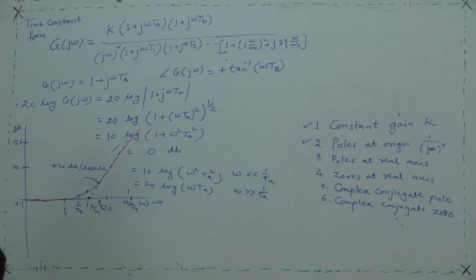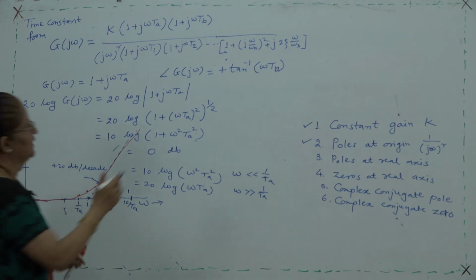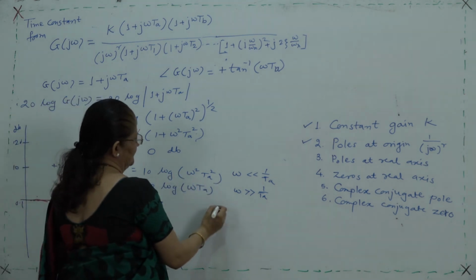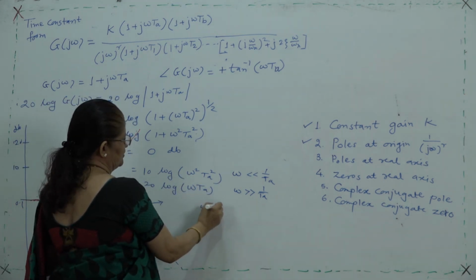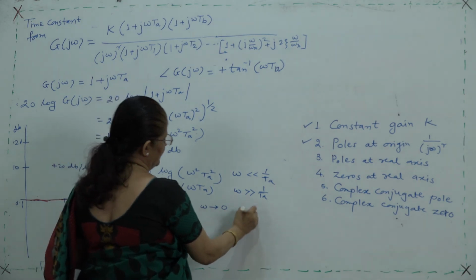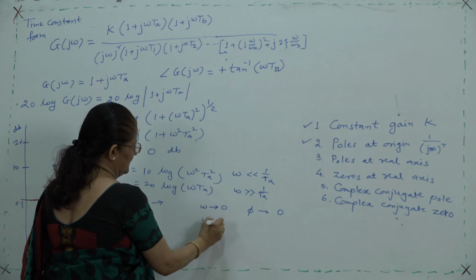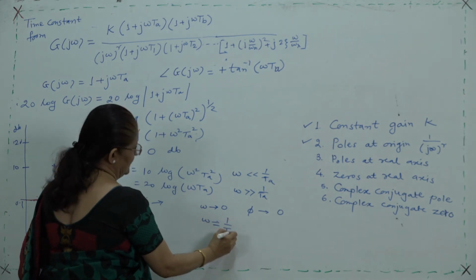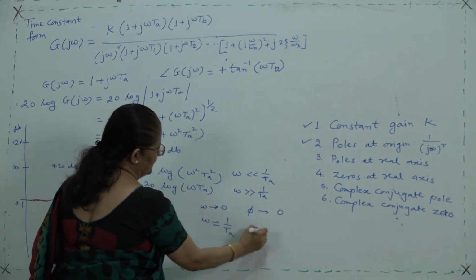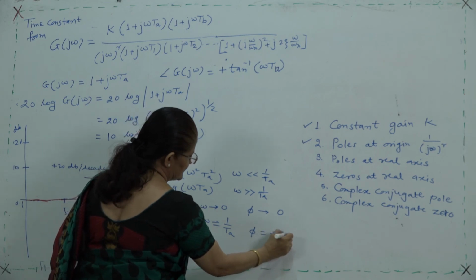So, same thing we are doing, only the term is at the numerator. So, you will get plus. What will be the angle? Angle is, when omega is tending towards 0, phi will tend towards 0. When omega is 1 by T A, angle will be plus 45 degrees.